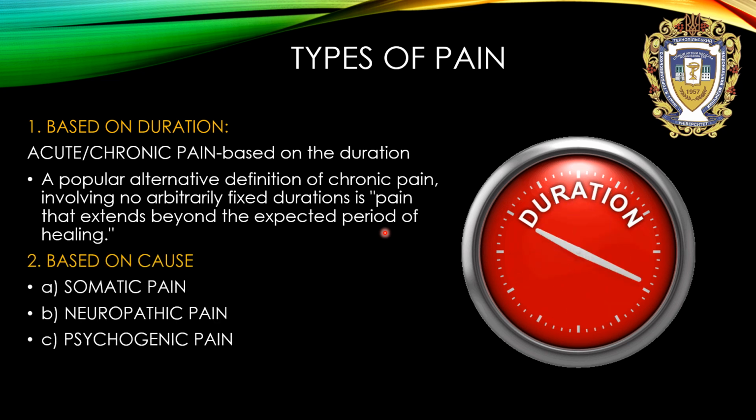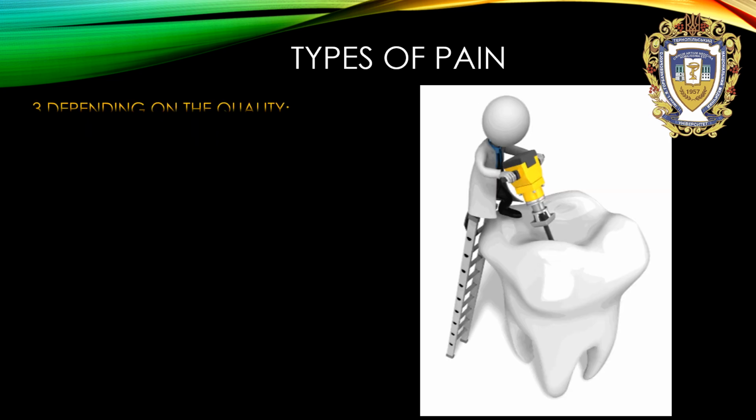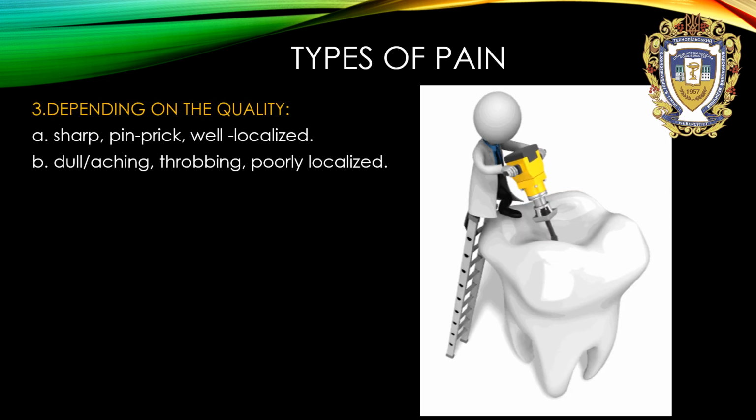Type based on cause: somatic pain, neuropathic pain, and psychogenic pain. Depending on the quality, pain can be sharp, pricking, well localized, or dull, aching, throbbing, and poorly localized.